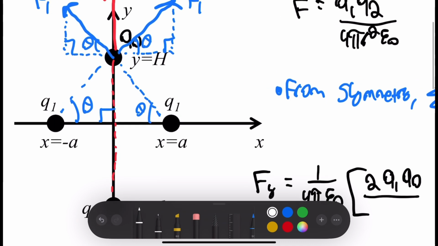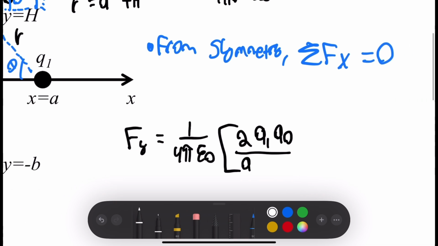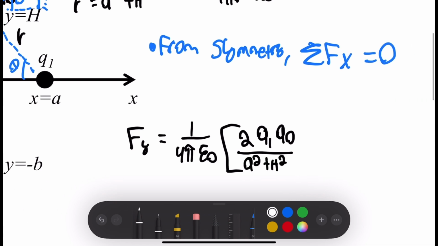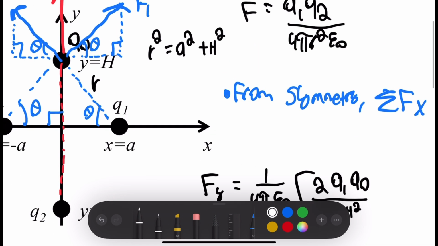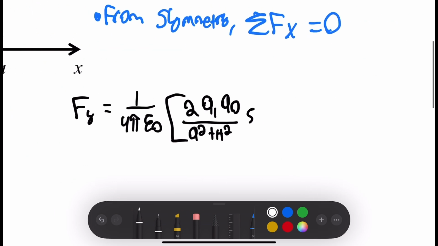Well, the radius would be this r right here. From the Pythagorean theorem, we have r squared is equal to the base squared, which is a squared, plus the height squared, so plus h squared. So this is a squared plus h squared. But we want the y component. And with the theta that I chose, the trig function that would give me the y component would be sine theta.